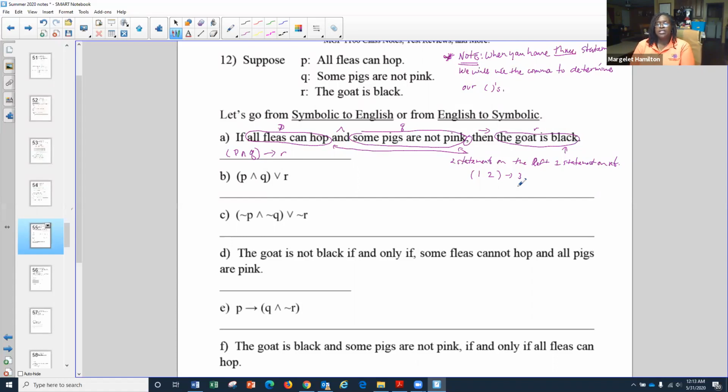All right, let's take a look at coming from the symbols to words. Look at B. Look at where parentheses are. They're leading off, right?